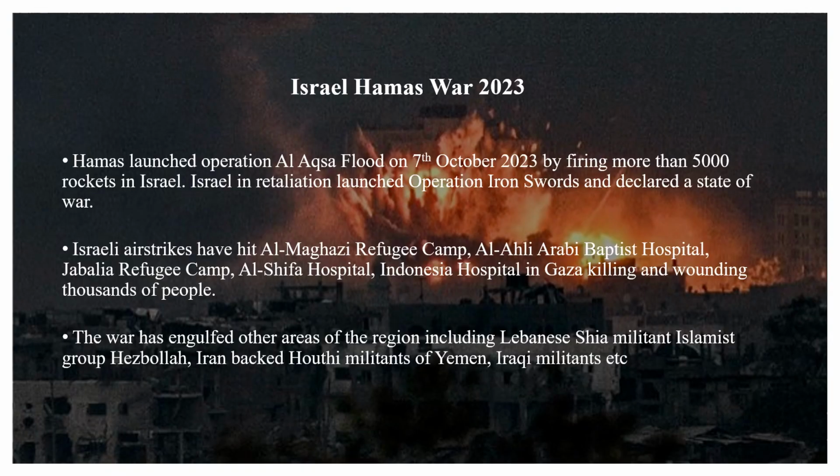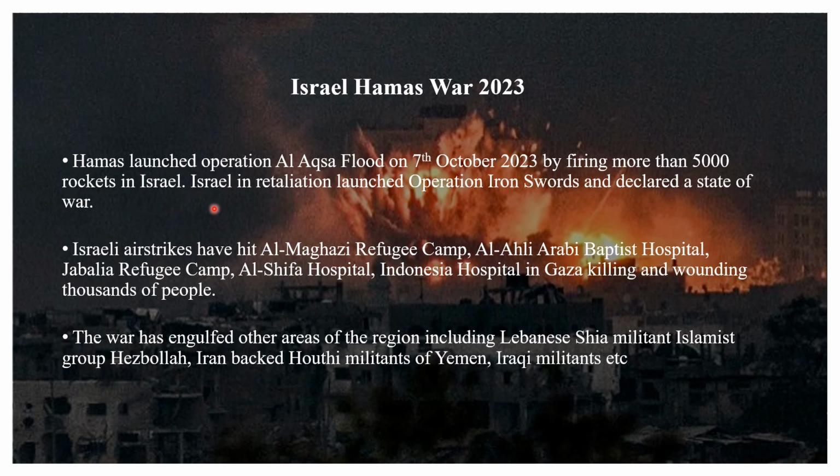So now let's study about the ongoing Israel-Hamas war 2023. Hamas launched a surprise attack on Israel by launching Operation Al-Aqsa Flood on 7th October 2023 by firing more than 5,000 rockets in Israel.